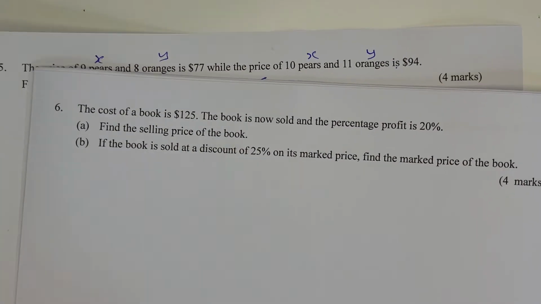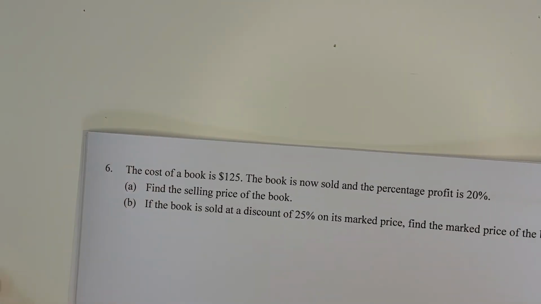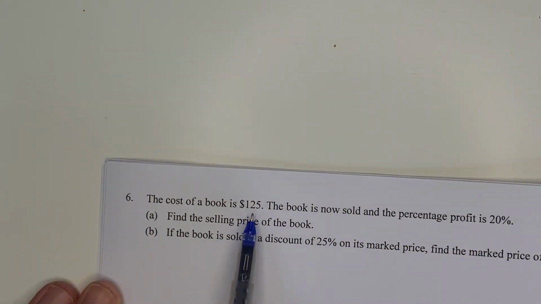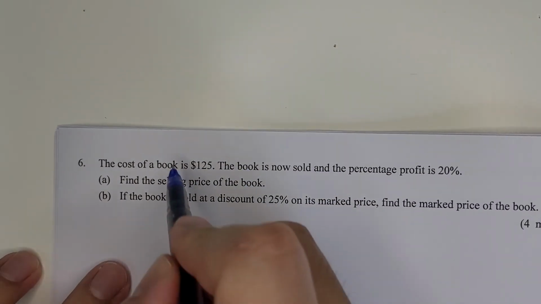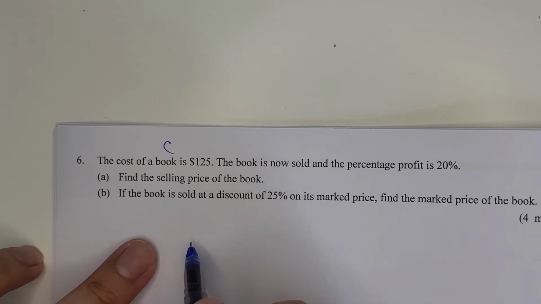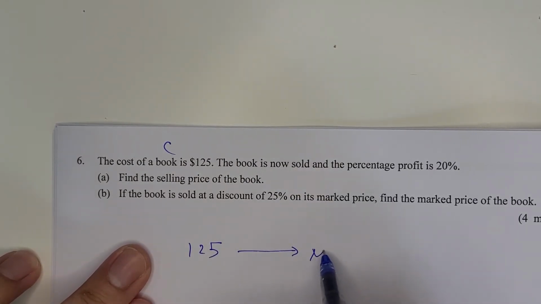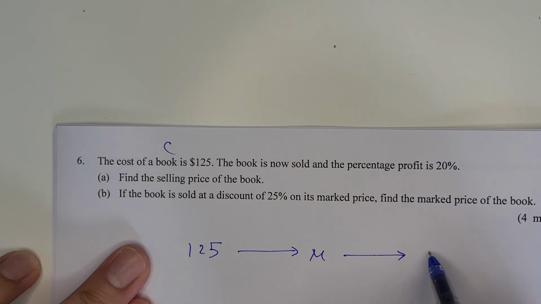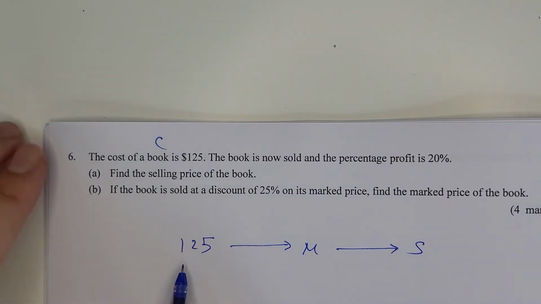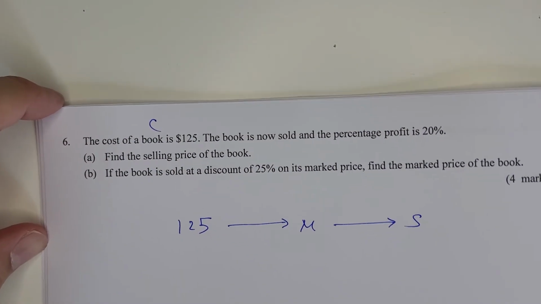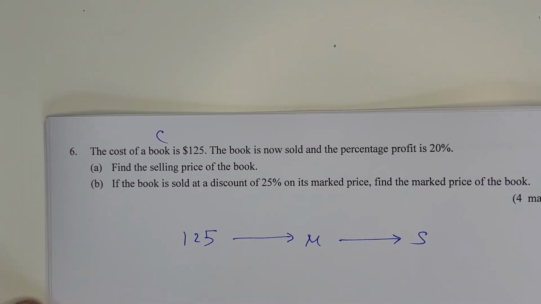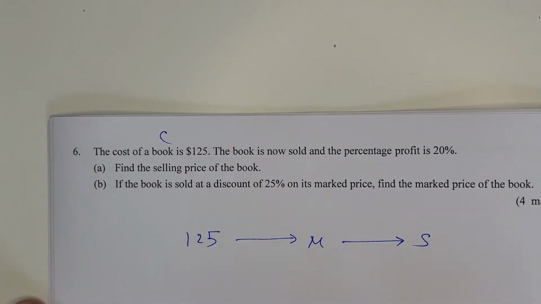So let's move to question number 6. The cost of a book is 125. So it gives you the original value. When we consider the CMS model, then we already know the cost price is 125. Now the book is sold and the percentage profit is 20%.